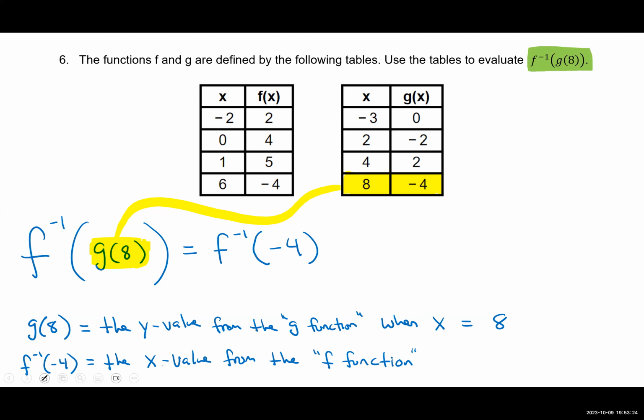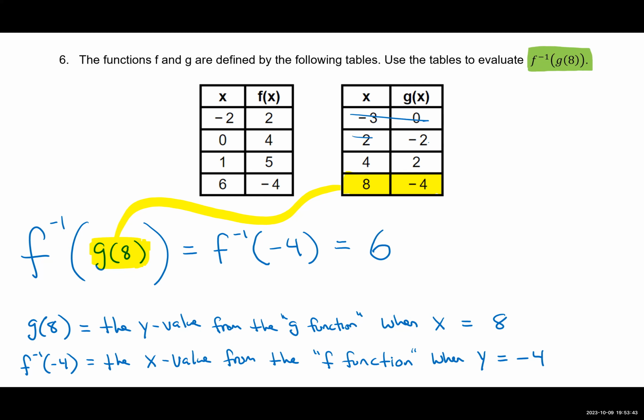So the x value from the f function when y is equal to -4. And in this case, that's going to be 6.